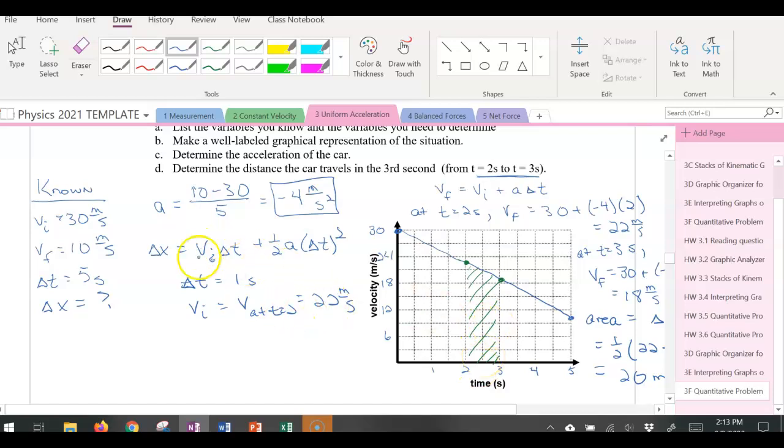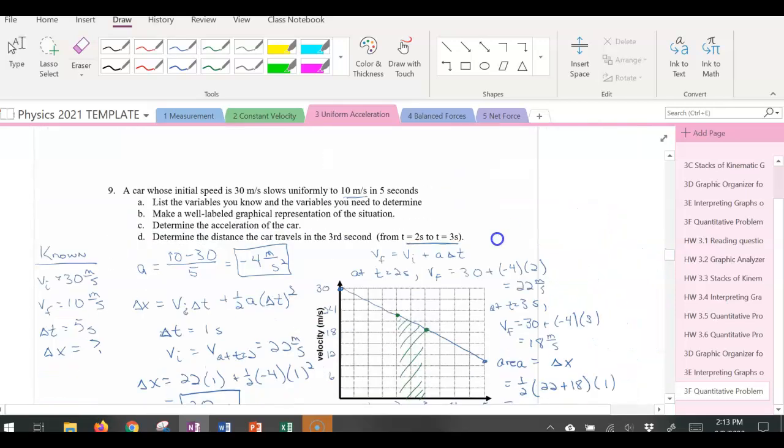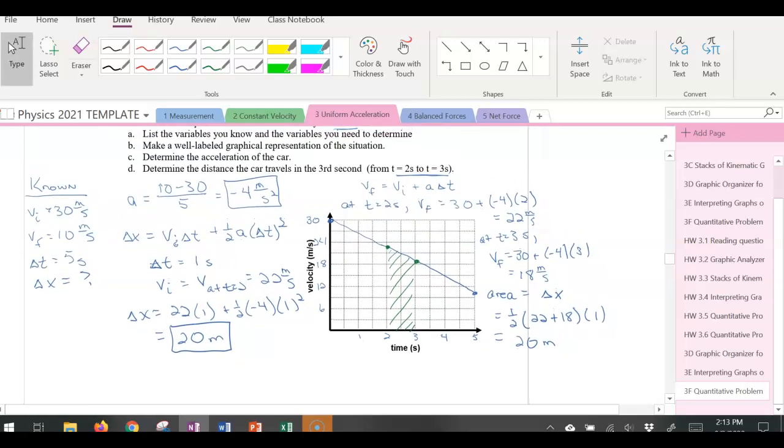So the displacement would be 22 times that elapsed time plus 1/2 times -4 times 1 squared, and we get 20 meters. So again, I get the same thing with the equation that I would have gotten using the graph.